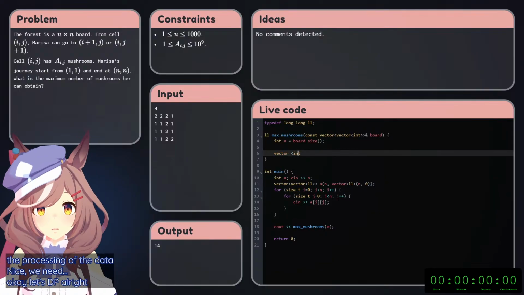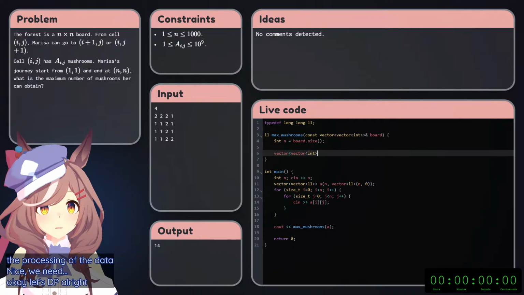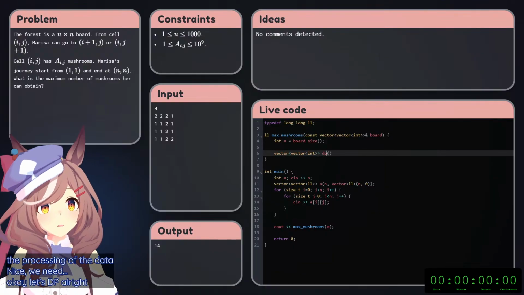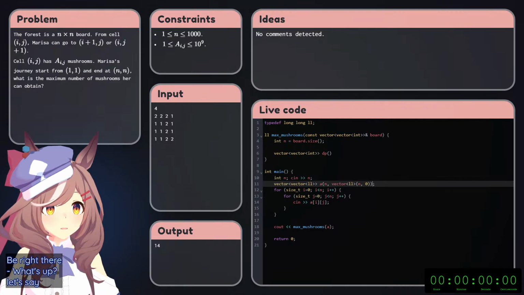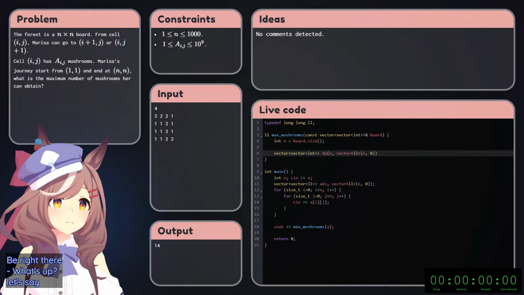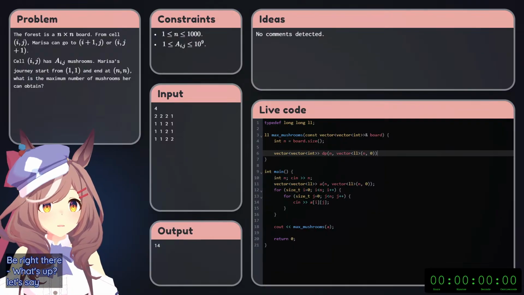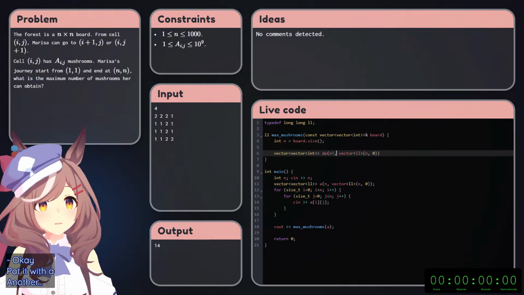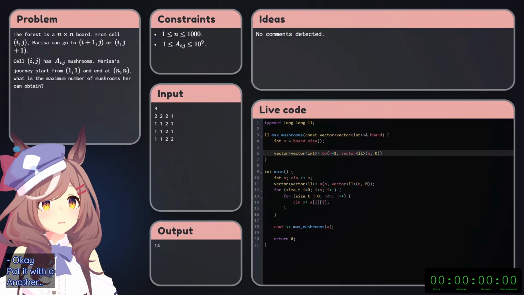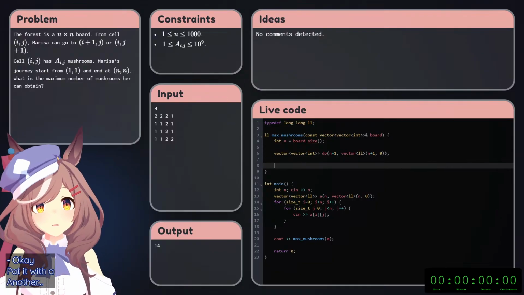In the DP array, let's use a size of n. Let's pad it with another layer, another value, so that we can calculate it more easily.